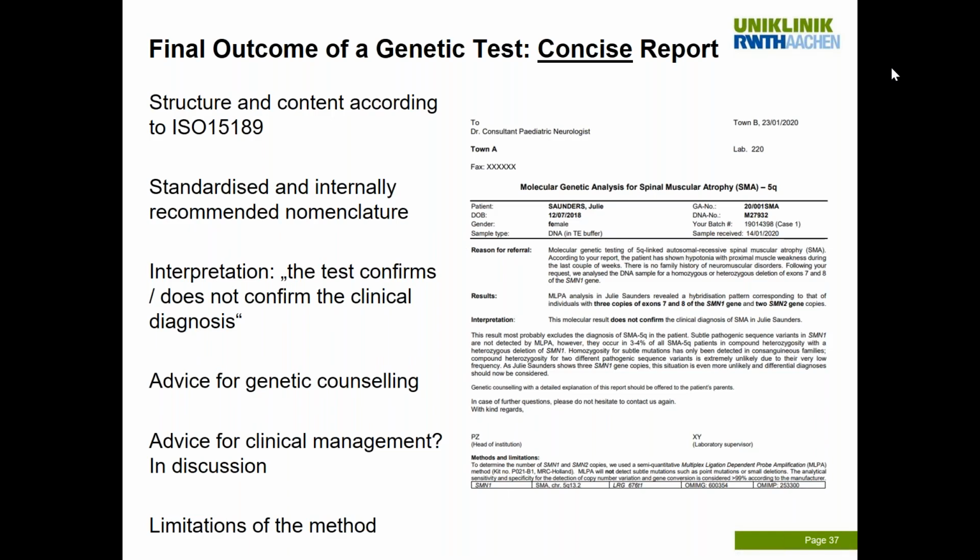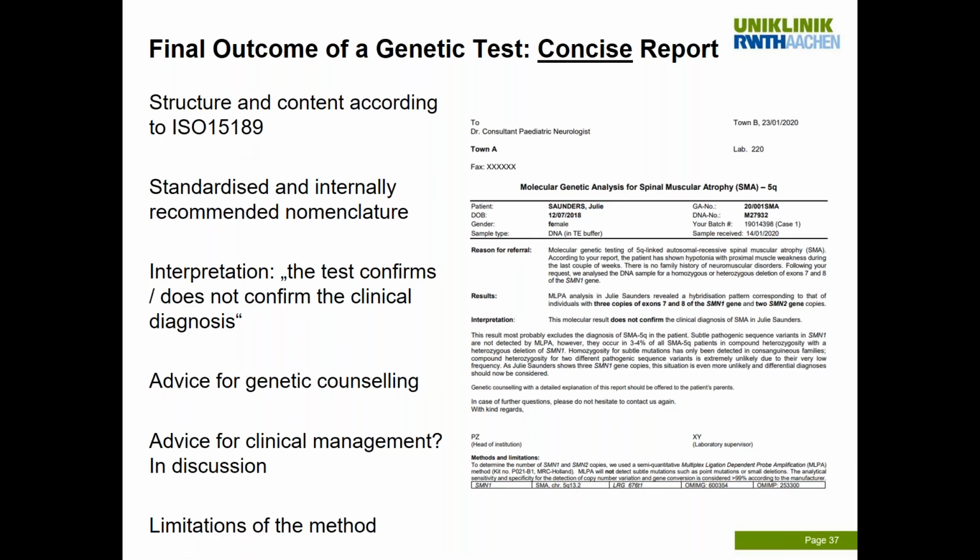The final outcome of all our genetic tests are the reports, and I hope that you will all get concise and precise reports from your human geneticist. Otherwise, ask them to become concise. These reports should correspond to the European standard norm ISO 15189.